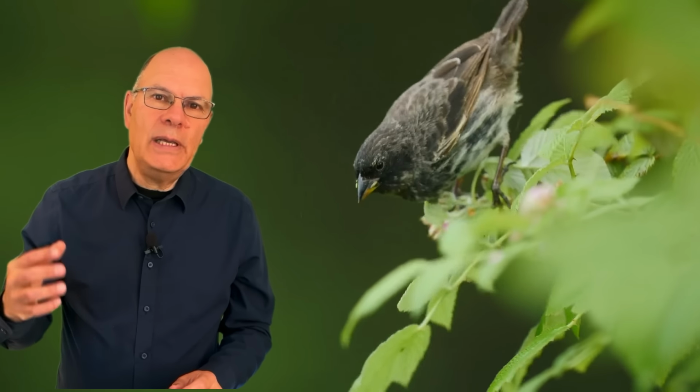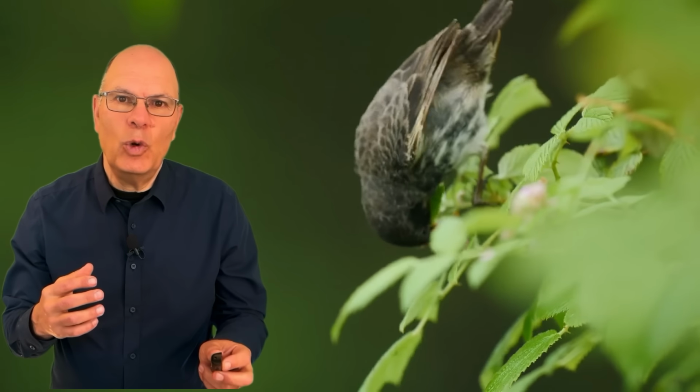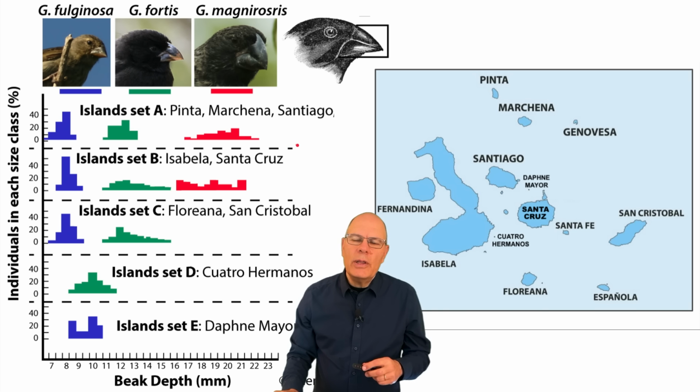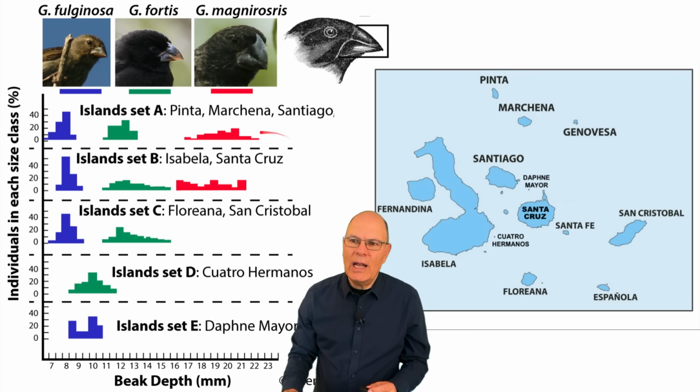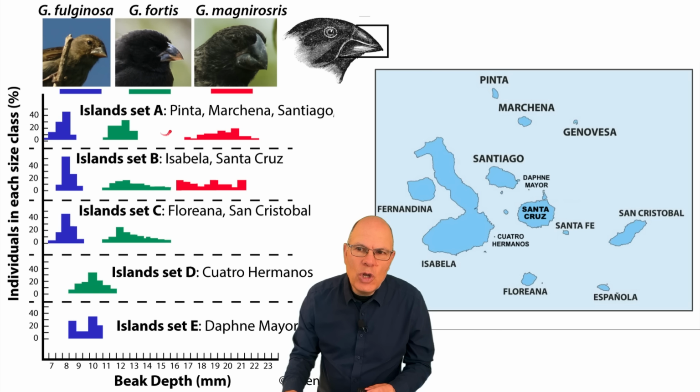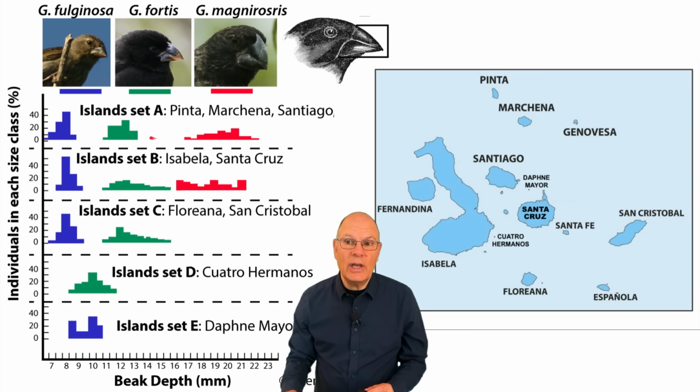Different size beaks are adaptations for exploiting different types of food. On islands where these birds live together, they're all inhabiting the same island, note that there's no overlap in terms of the beak depth. That's true of island set A and island set B.